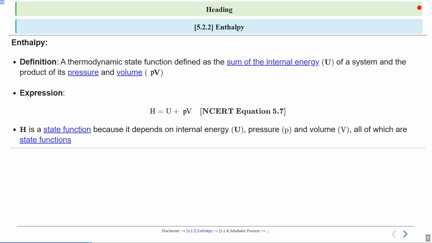Why it is a state function? Because the things on which your enthalpy depends are internal energy, pressure and volume. So you can see all of these three in the equation, and all of these three are what? They are state functions. Therefore, your enthalpy will also be a state function. Okay.